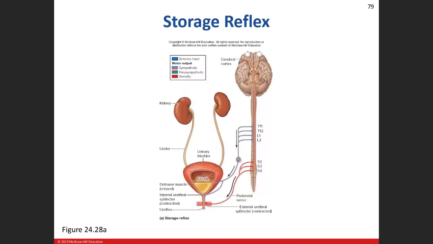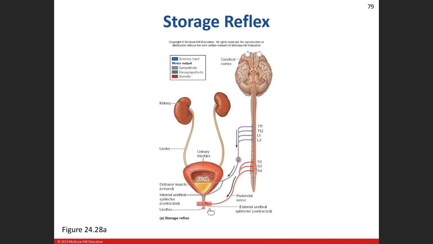If you look at our picture, for the storage reflex, the T11 through L2 spinal nerves contribute to causing relaxation of the detrusor muscle in the urinary bladder, but at the same time, they cause contraction of the internal urethral sphincter. So as urine builds up here, we're good to go.